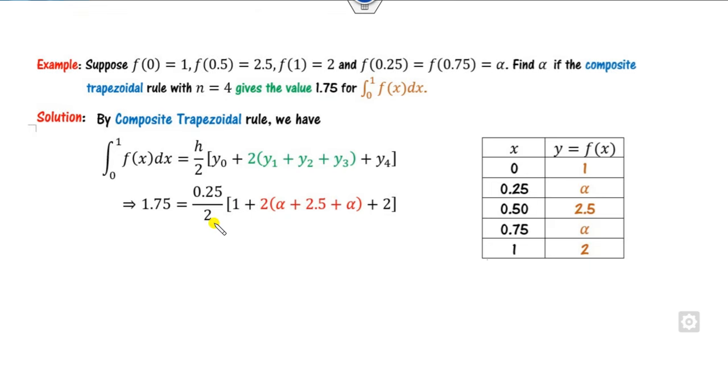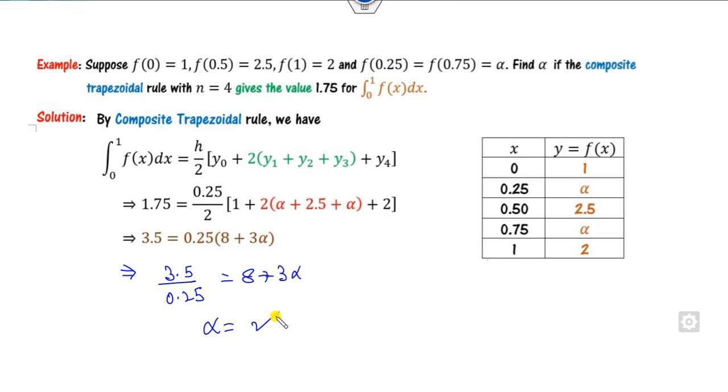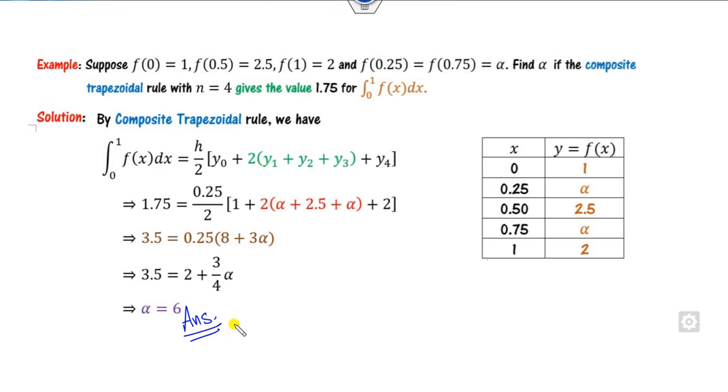Now you can easily find the value of alpha from here. You can simplify it, and then I think you can easily solve this. This is divided by 8 plus 3 alpha, and from here you can easily find the value of alpha by using your calculator. So alpha is 6, which is the right answer.